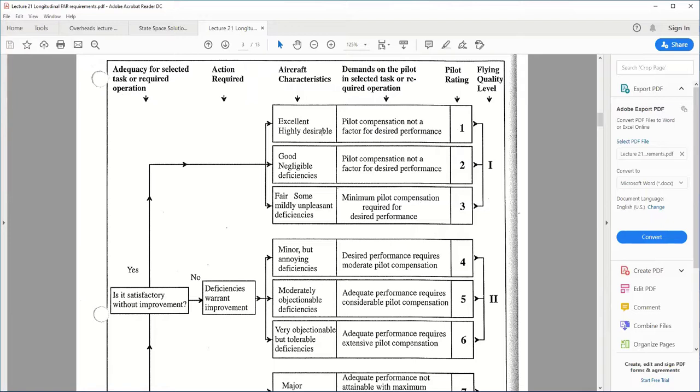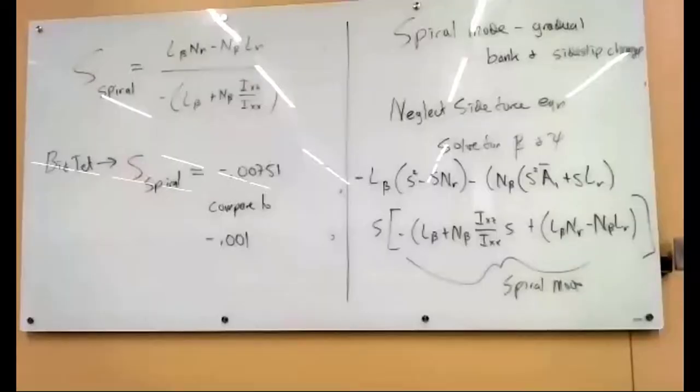And the regulations are in various specs. There's mil specs, and then the various parts. So let me just write those on the board real quick.